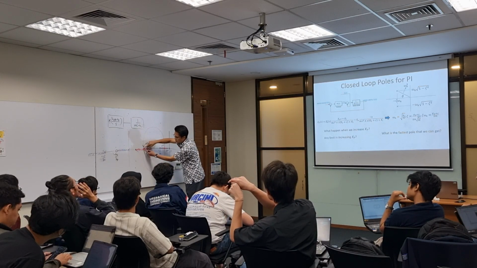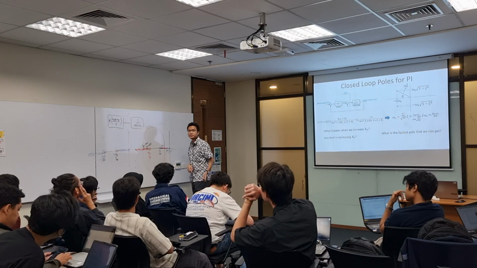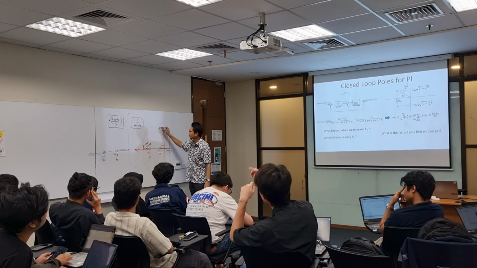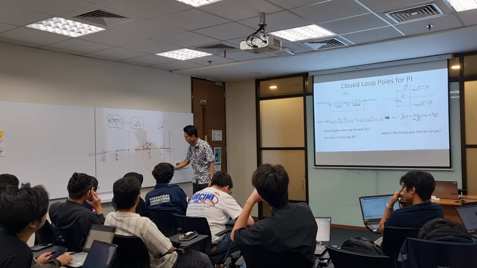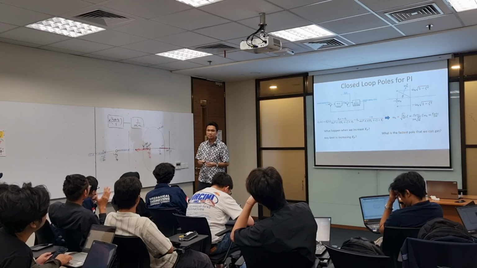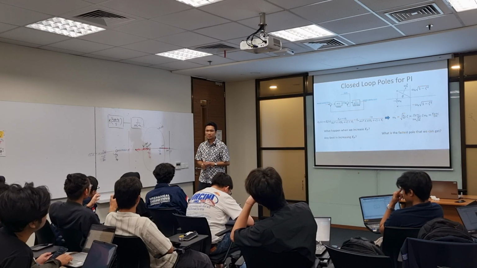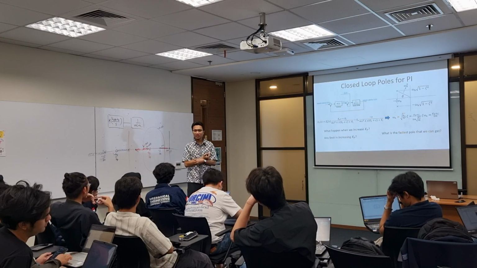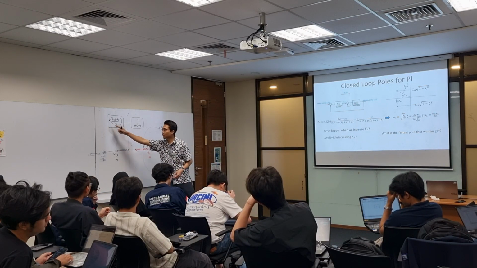If you choose, let's say, k to be 50, probably they will be over here. The line is every possible pole location when we change the value of k.